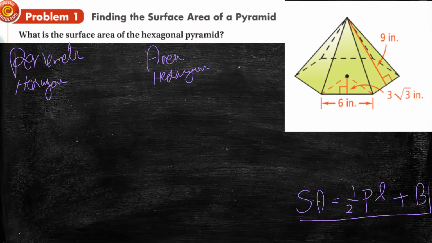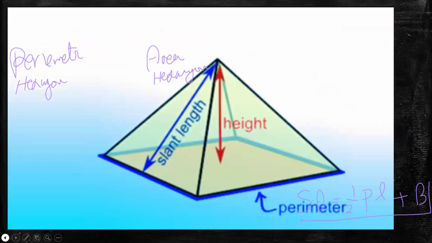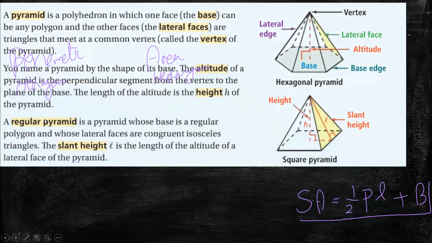Teacher, is it regular? Because it's not given if it's regular or not. Ah, I forgot to tell you. Here in the book they told you to assume that all the shapes are regular. But if they didn't tell you, it would be irregular and you would deal with it another way.